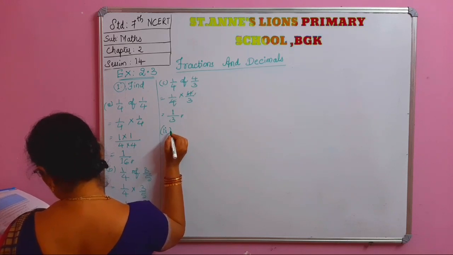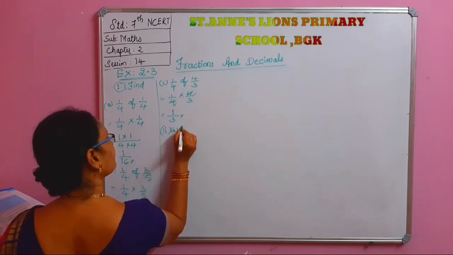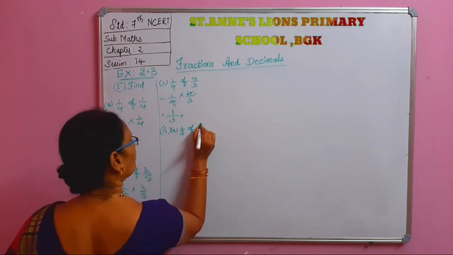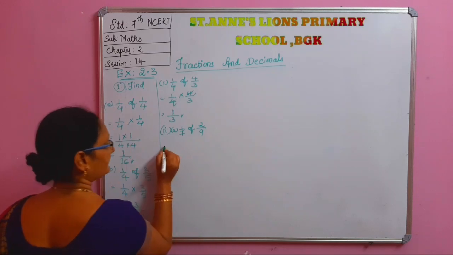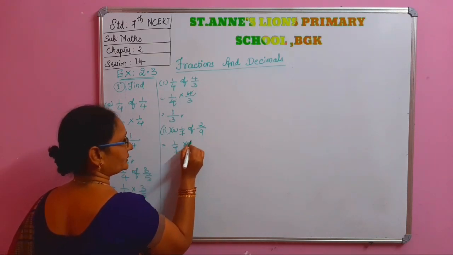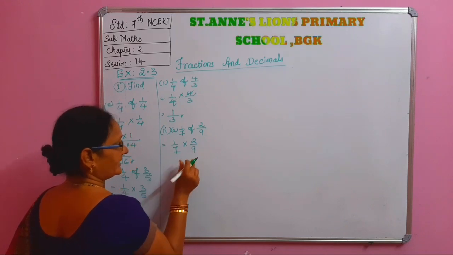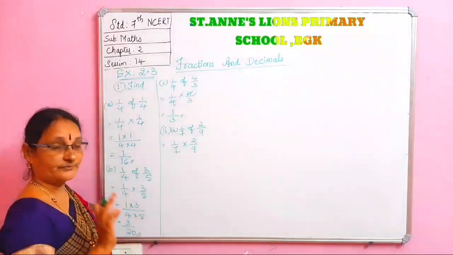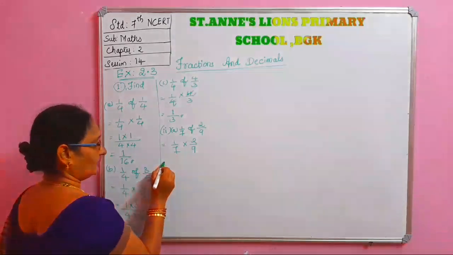Second, 1 by 7 of A. This is 1 by 7 of 2 by 9. 1 by 7 of means into 2 by 9. After this step, you just observe, is there any cancellation possible? No. Then what to do?